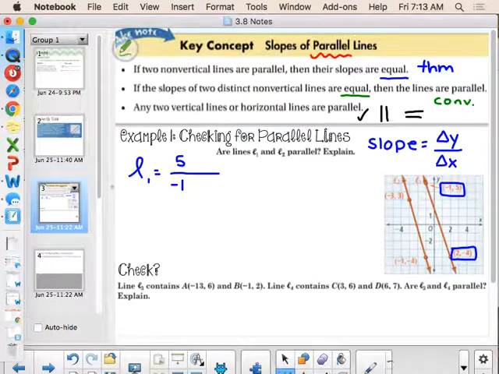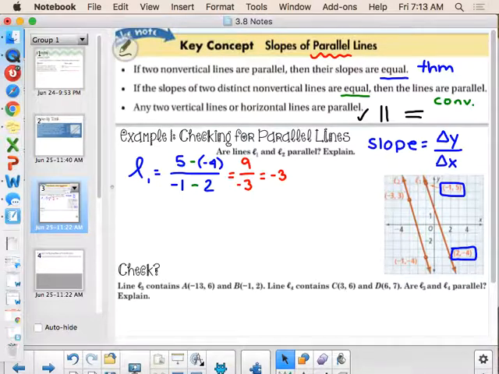I'm going to subtract the other coordinate, (2, -4). So -4 goes with the 5 because it's a y value, and 2 goes on the bottom. When I simplify, 5 minus -4 gets me 9, and -1 minus 2 gets me -3. So line 1 has a slope of -3.